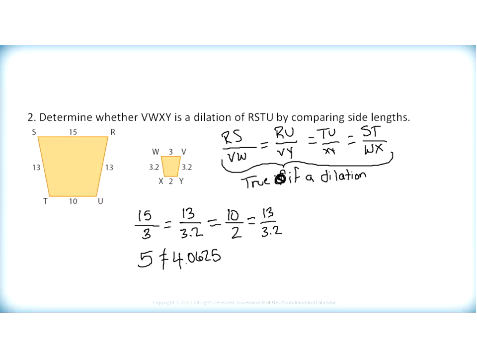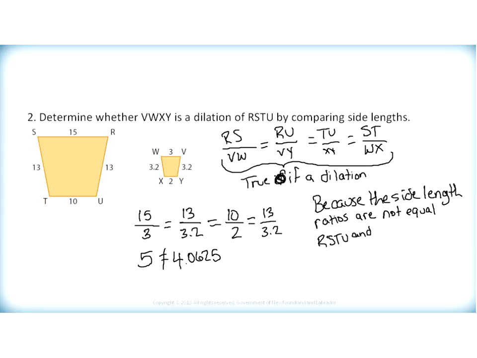So what that tells me then is, because the side length ratios are not equal, I don't even have to calculate the last two because I found one that doesn't work. So because the side length ratios are not equal, RSTU and VWXY are not similar.